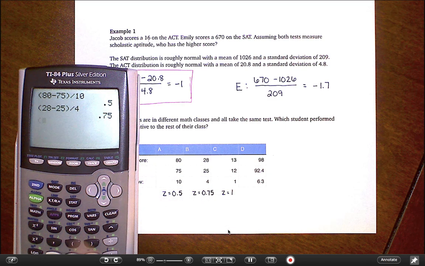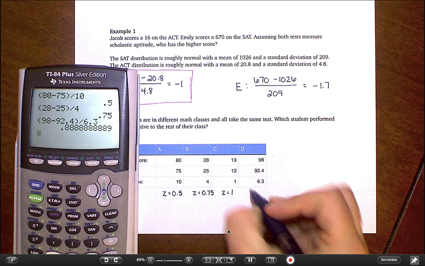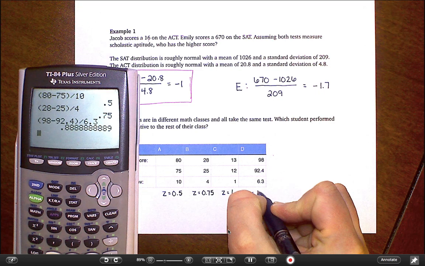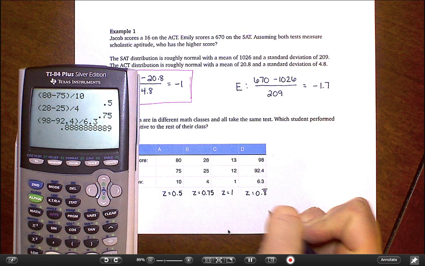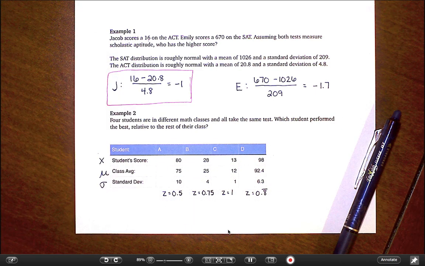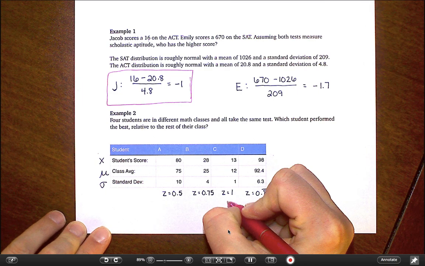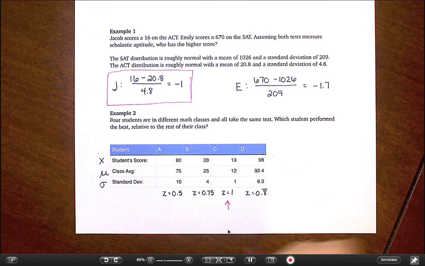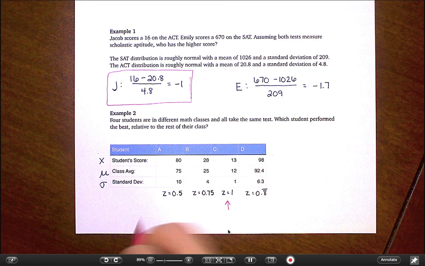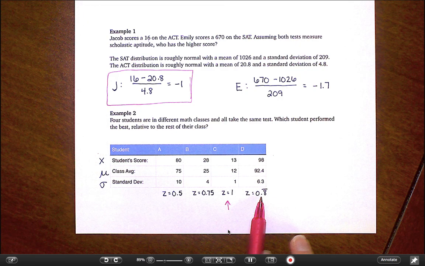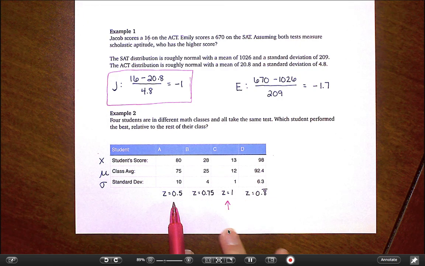And then on this next one, 98 minus 92.4, divide by 6.3, and this student is 0.8 repeating standard deviations above the mean. So if I had to pick which student did the best in comparison with the rest of their class, it would be this guy right here, because he's 1 full standard deviation above the mean. And then this student would be next, this student would be next, and this student would be last.